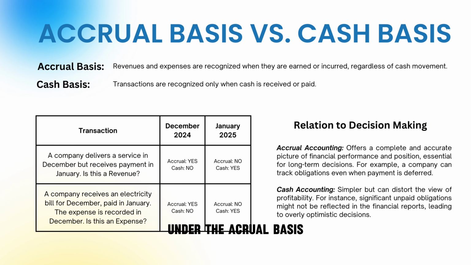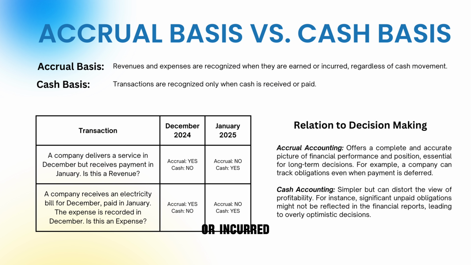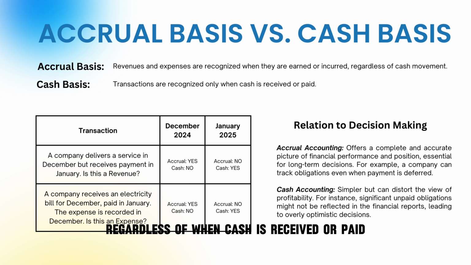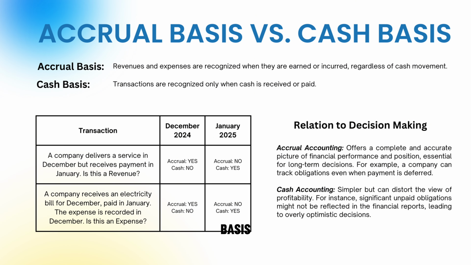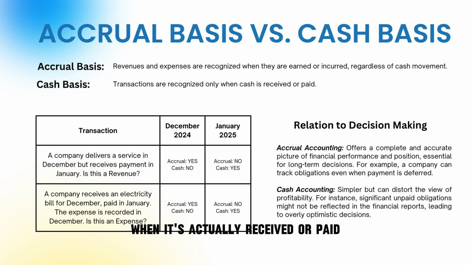Under the accrual basis, revenues and expenses are recorded when they are earned or incurred regardless of when cash is received or paid. In contrast, the cash basis only records transactions when cash changes hands, when it's actually received or paid.